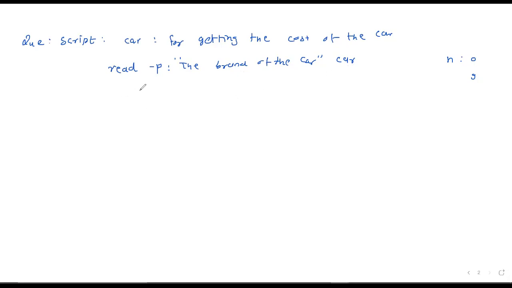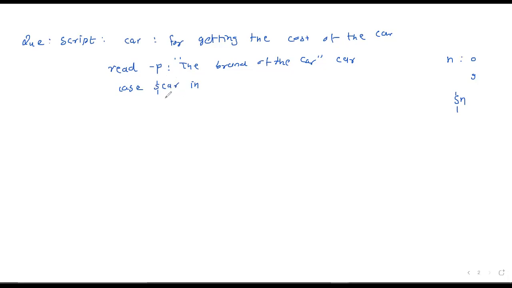So first we write the case, and this is the variable, $car. In the previous script, there was $n, for a number between 0 to 9. Now we are going to enter the brand of the car. So case $car in, that means in the case of this variable.